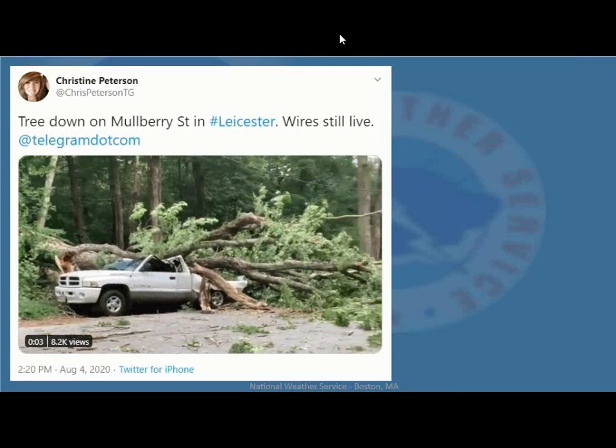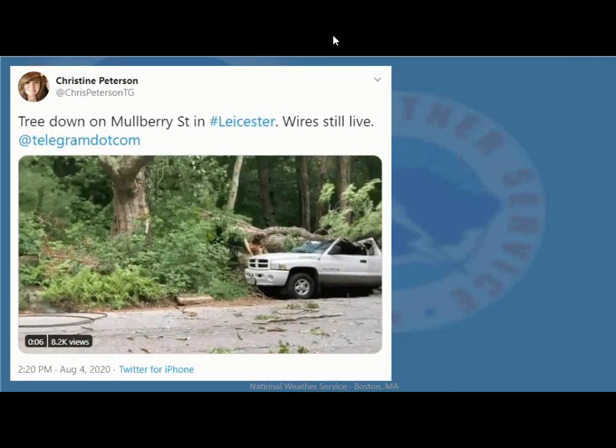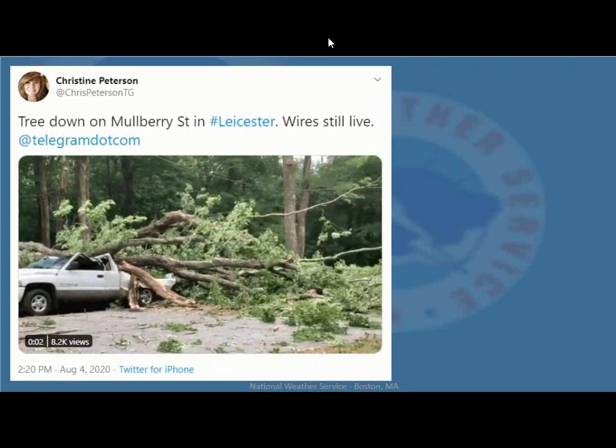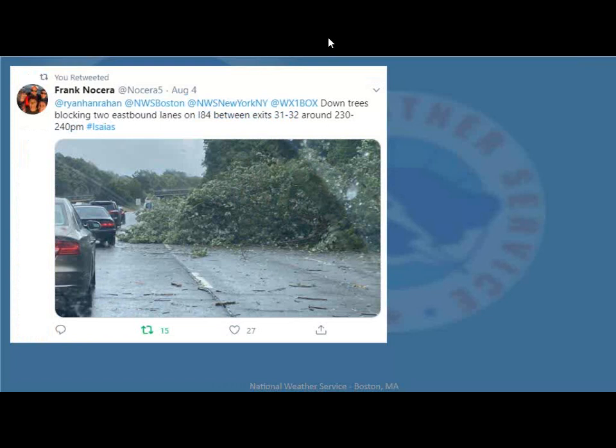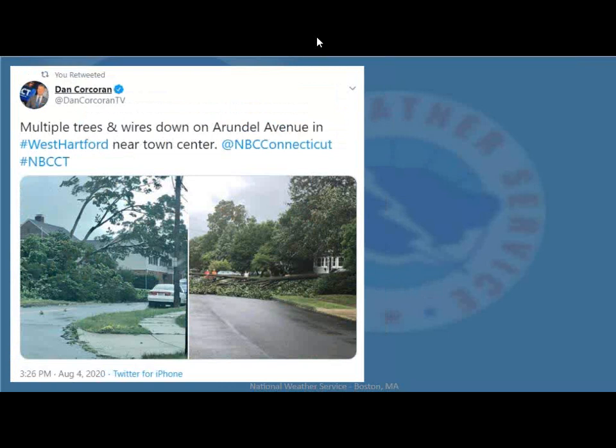And then this is, I probably won't talk too much about all these, but this is just several different pictures and some videos of the various damage that a lot of folks have probably seen. You'll see here just lots of trees down. This is on I-84, and right here's part of a roof that was blown off in Connecticut.